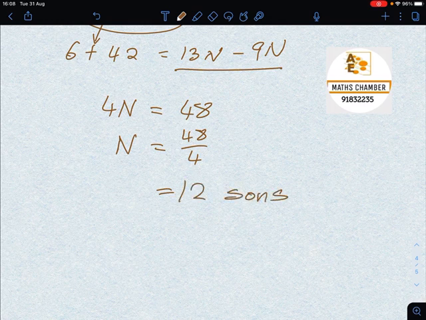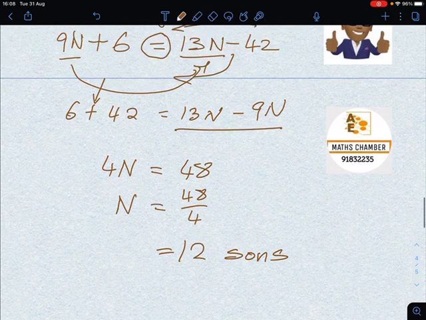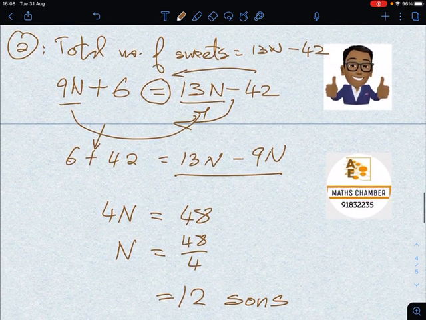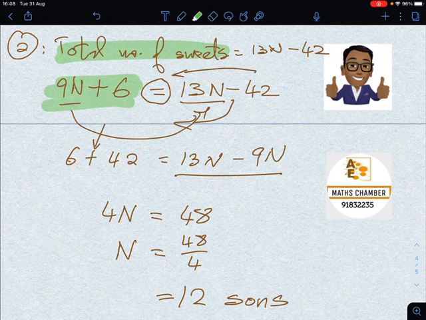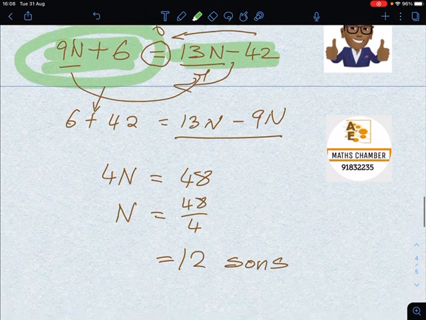Now from here we can find the total number of sweets, correct? We can use 9n plus 6 or 13n minus 42 because they are the same.